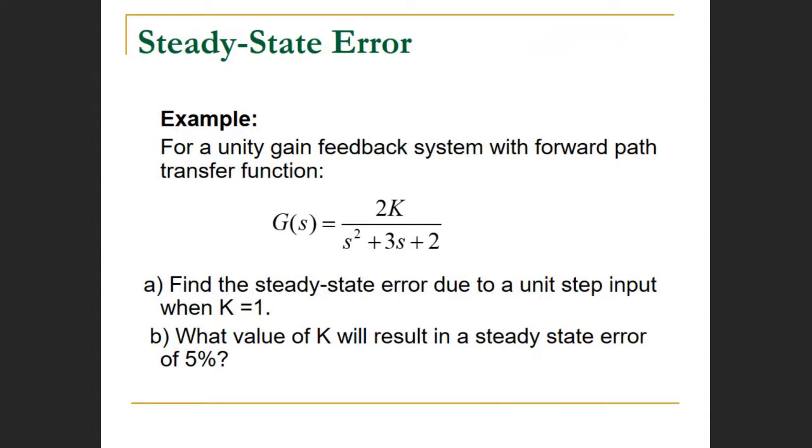So here I hope you notice that we're able to do some form of analysis, even design work. If we had a system and we had the choice to select the value of k, we can use some analysis to evaluate what value of k would satisfy a particular steady state value, in this case 5%. We're going to see if the solution actually exists.